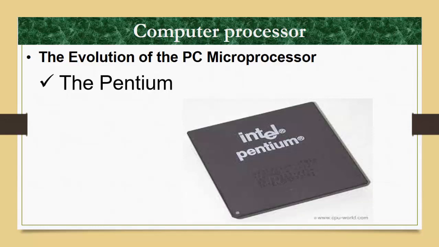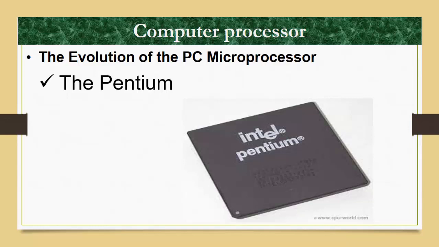This processor, shown in the figure, included many new features, including separate 8-kilobyte caches for data and instructions, and a very fast FPU. The Pentium kept the 32-bit address bus of the 486, but added a 64-bit data bus.